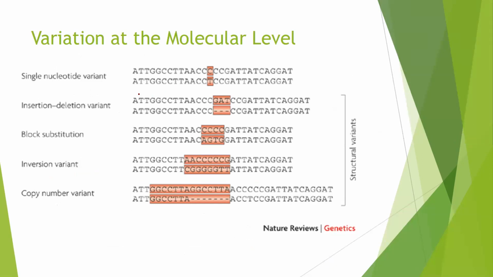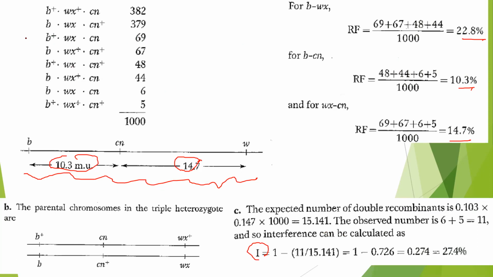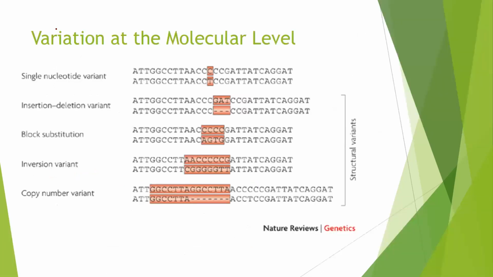All right. So in this 3-point test cross, I actually gave you the example of real genes, but in reality, if we didn't know which gene is responsible for the traits, so if we want to study a new trait but we do not know the gene, what we can do is leverage the molecular markers, the DNA markers in the genome, to help us find the DNA region that is associated with the trait of interest.